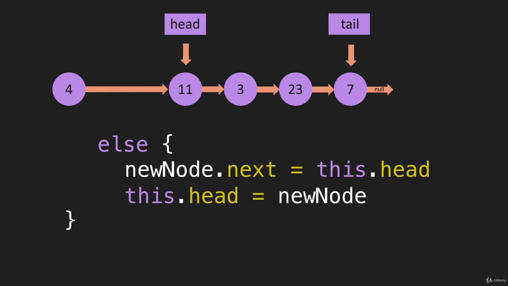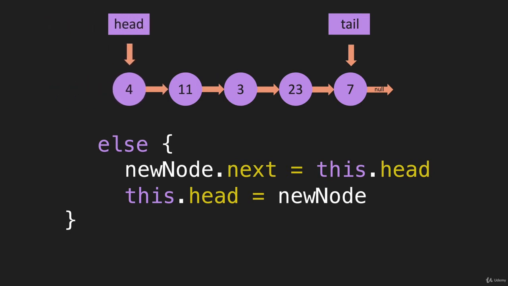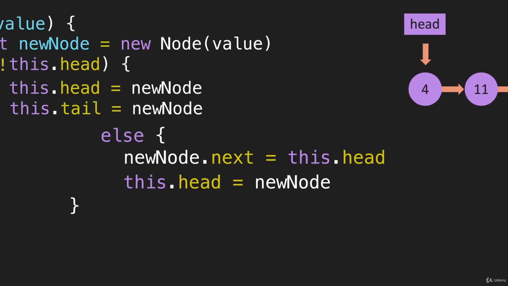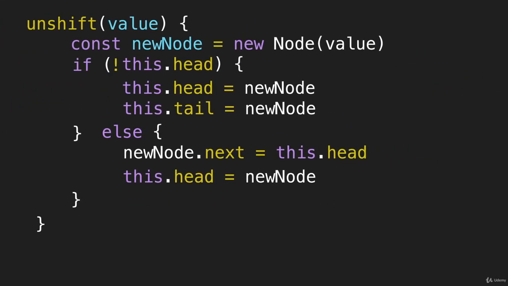We'll say this.head equals new node. That moves that over and adds that into the list. So that's everything for our else statement. And let's put this in with the rest of our code like this. Only things left to do are to increase the length by 1 and then return the entire linked list.